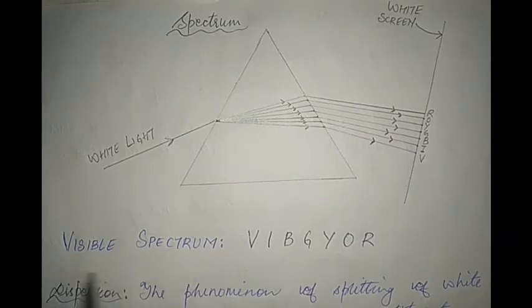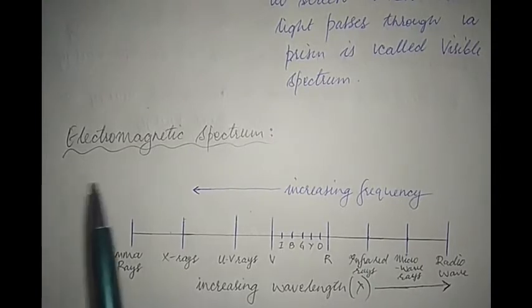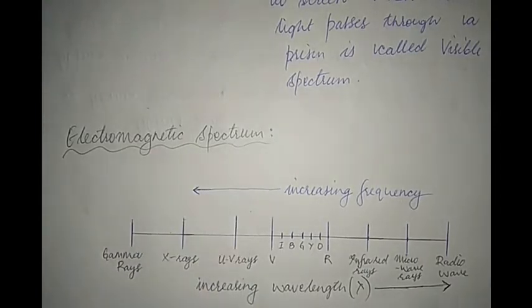But this is all about visible spectrum, remember, because we actually need to talk about something called electromagnetic spectrum. And mind you, VIBGYOR, that is the visible spectrum, is only a very small part of this electromagnetic spectrum.